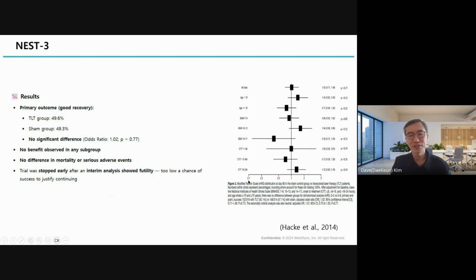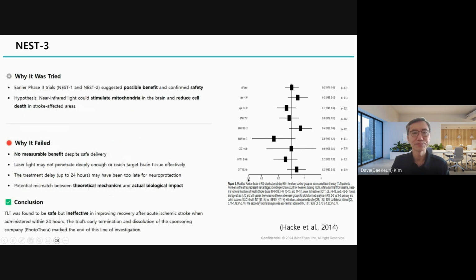So the limited stimulation and the lack of personalization caused the failure to show efficacy, I think.